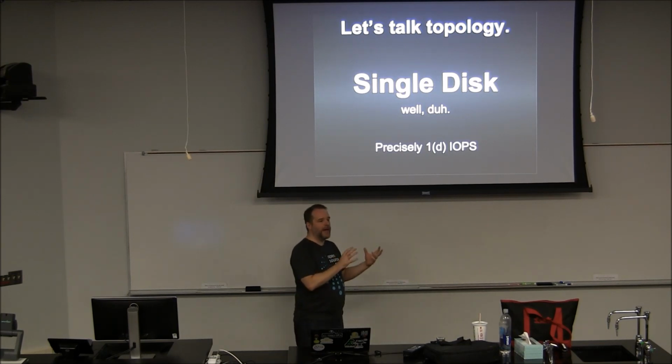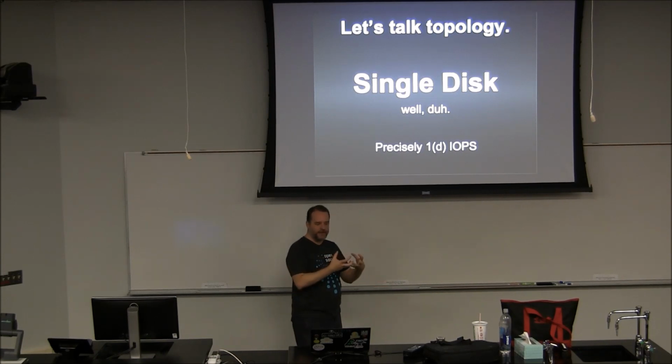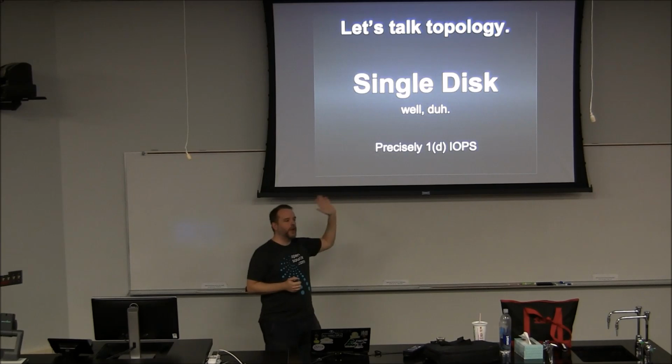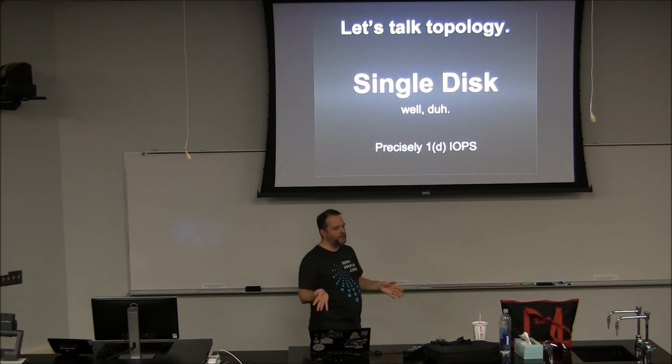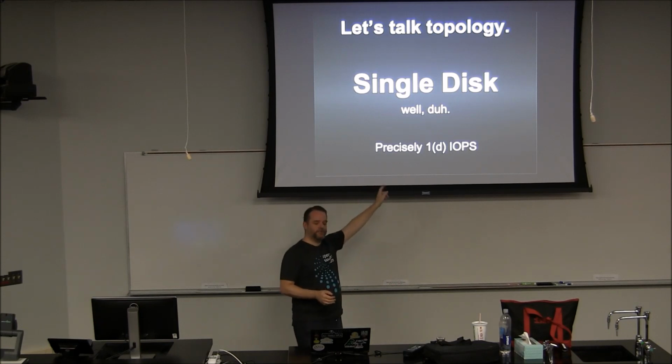So the more IOPS we have, the better this device is going to behave when you get down to these really, really difficult to fulfill storage requests like databases or booting an operating system or serving people's home directories, anything with little tiny files, that kind of thing. And you're going to see this D notation where I refer to a generic disk. So whatever disk it is you're using, whether it's a conventional disk that provides about 200 IOPS or an SSD that provides 50,000, D is just going to refer to one of those.